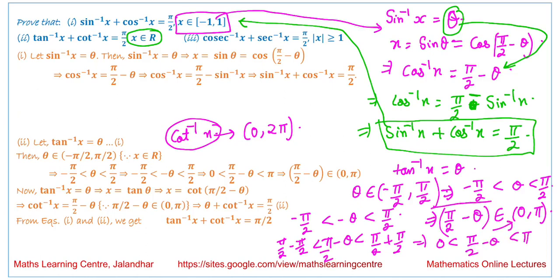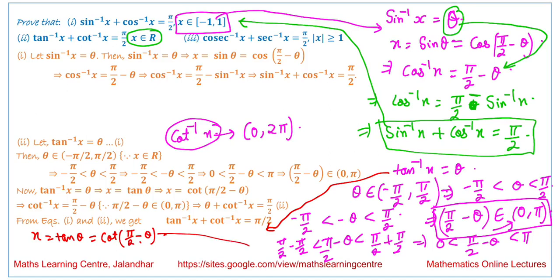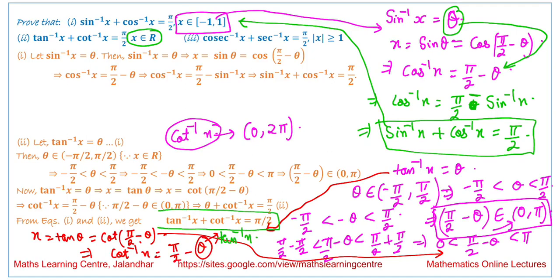So pi by 2 minus theta will belong to the interval 0 to pi. So from this result we obtain that x is equal to tan theta, that is equal to cot of pi by 2 minus theta, where pi by 2 minus theta belongs to the interval 0 to pi. So this implies that cot inverse of x is equal to pi by 2 minus theta, and in place of theta we are substituting tan inverse of x, and we obtain the final answer in the form that tan inverse of x plus cot inverse of x is equal to pi by 2.